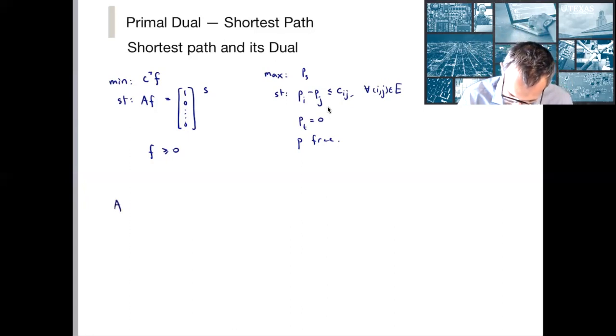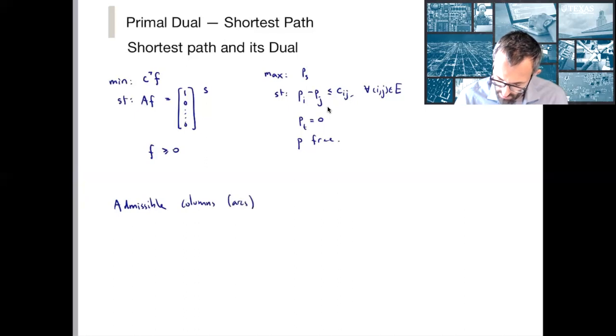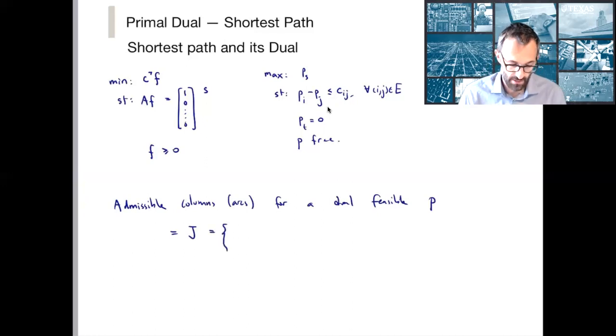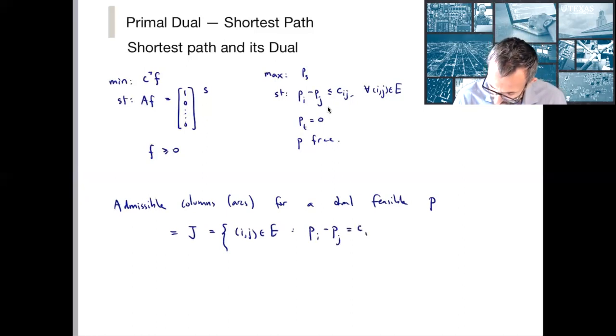So in this case, the admissible columns, which in this case corresponds to admissible arcs for a dual feasible point P, is using the same notation we've used in the past, J, which is going to be some subset of the edges, where Pi minus Pj is not less than Cij, but exactly equal to Cij.